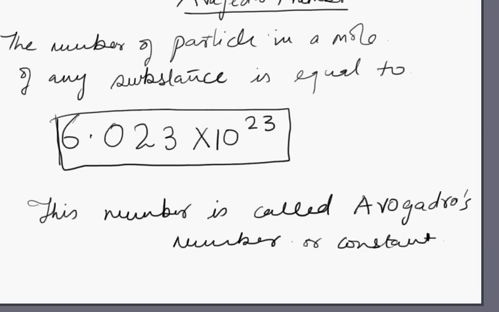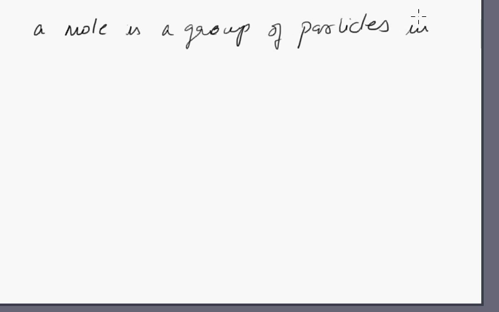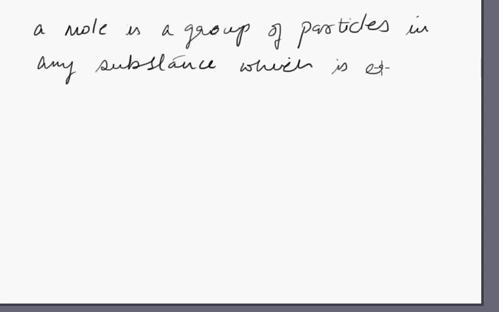So basically, what is 1 mole? We can say a mole is a group of particles in any substance which is equal to 6.023 into 10 to the power 23 number of particles.